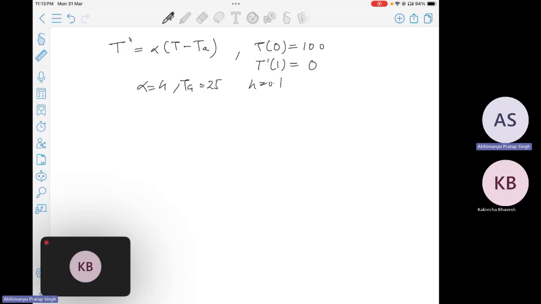So for the first, we consider backward difference formula for the last location n plus 1.